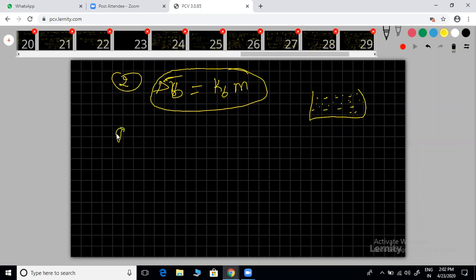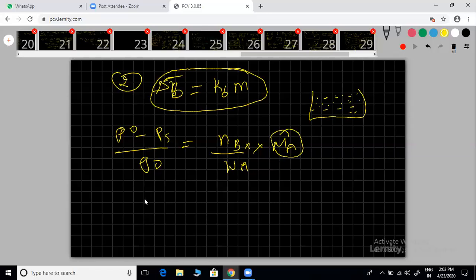Vapor pressure: (P naught minus Ps) by P naught equals Nb, into WA into molecular weight. This is the previous relation. For a particular solvent, the molecular weight is constant. So P naught minus Ps is directly proportional to Nb by WA.